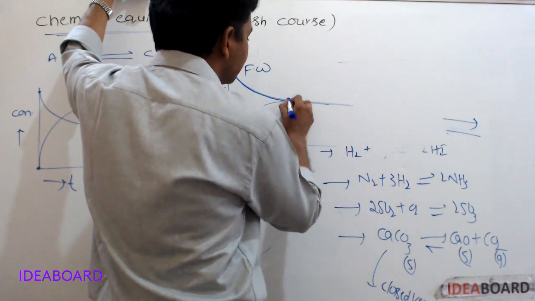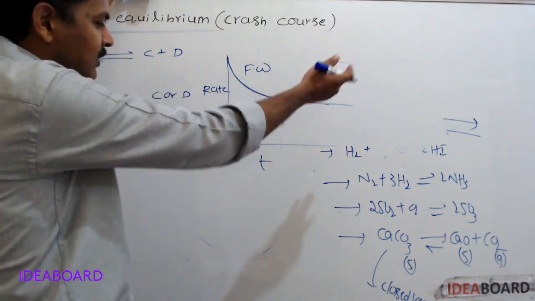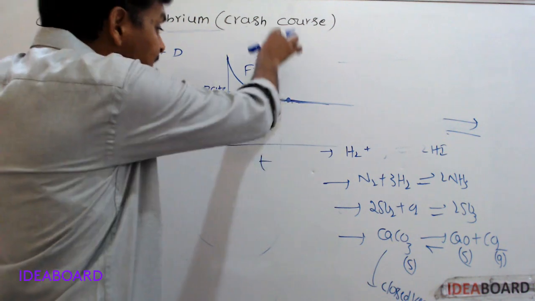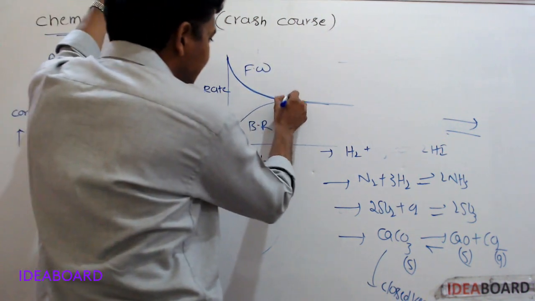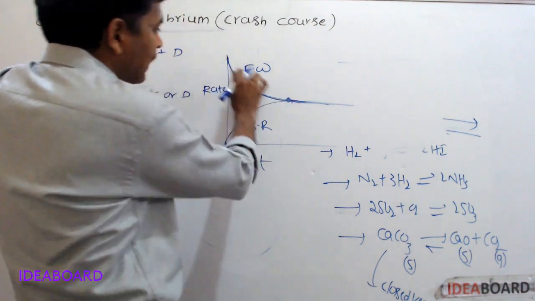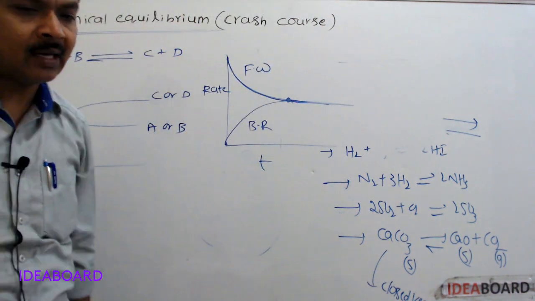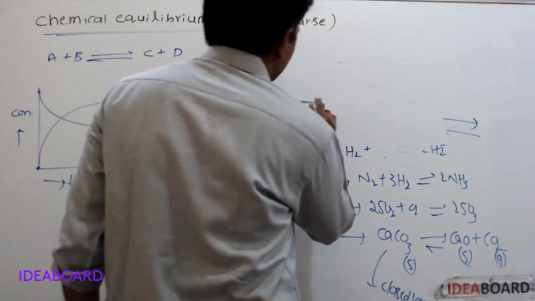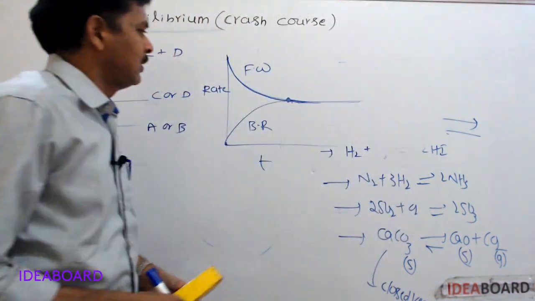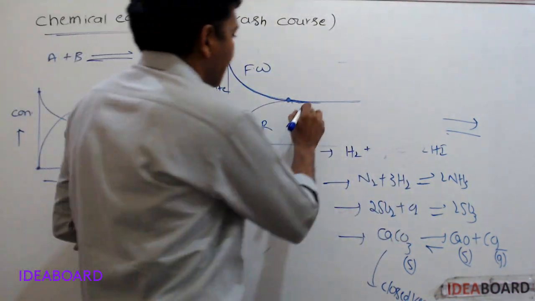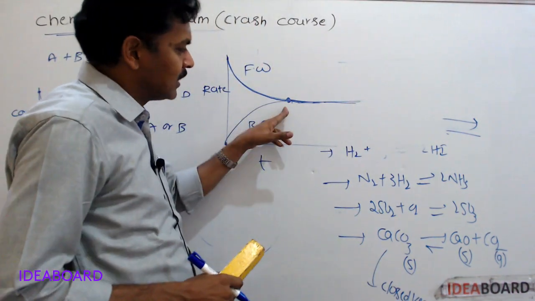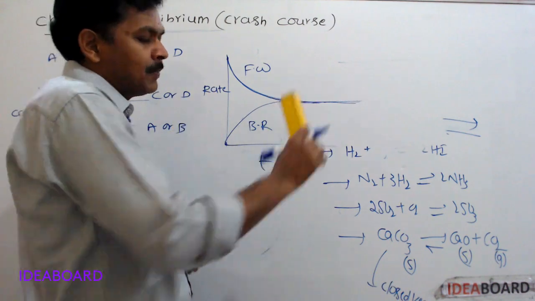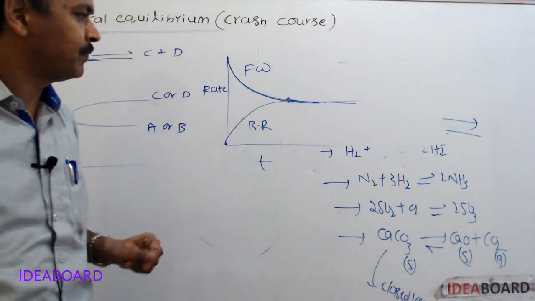After reaching this point, the rate of forward reaction is equal to the rate of backward reaction. That state is called the equilibrium state. It looks like after reaching the equilibrium state the reaction has stopped, but the reaction does not stop.